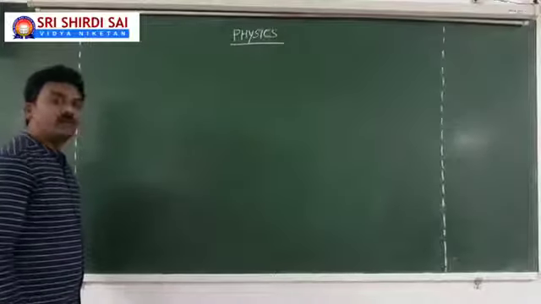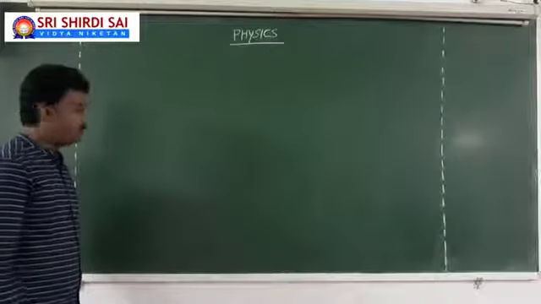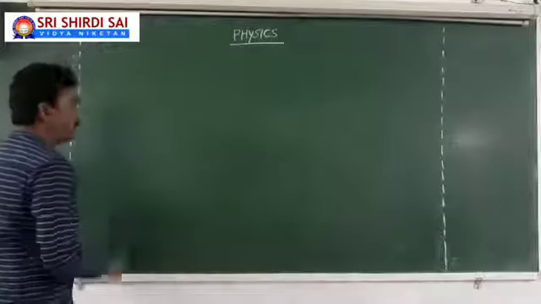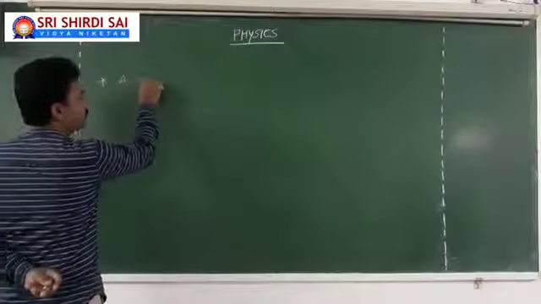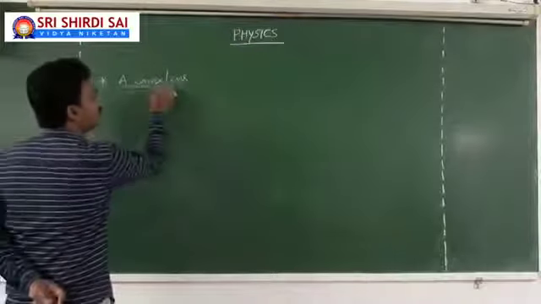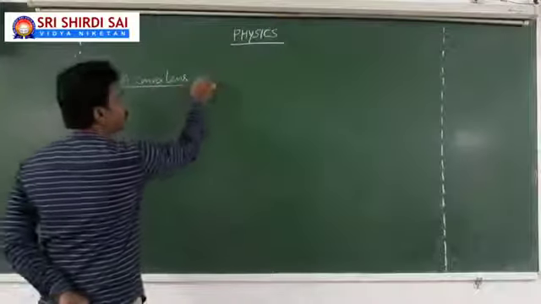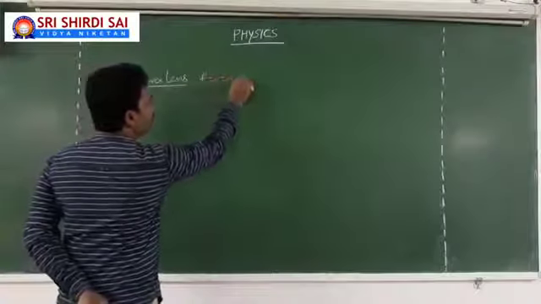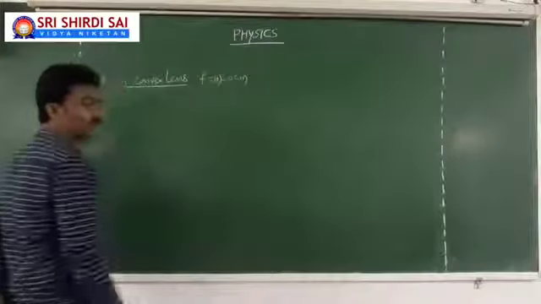Now we are going to discuss a little more application. For example, you have a convex lens whose focal length is 20 centimeters. As it is a convex lens, it should carry a positive sign.